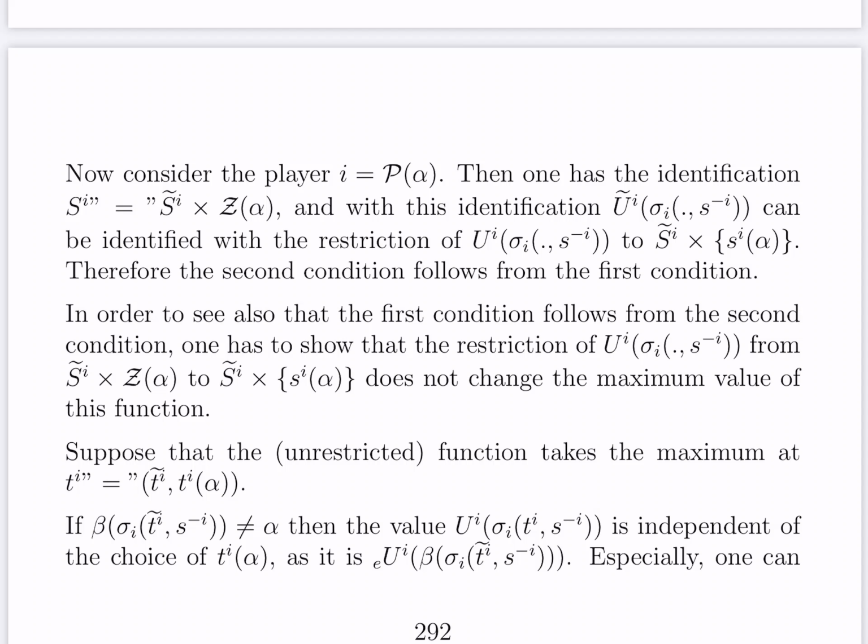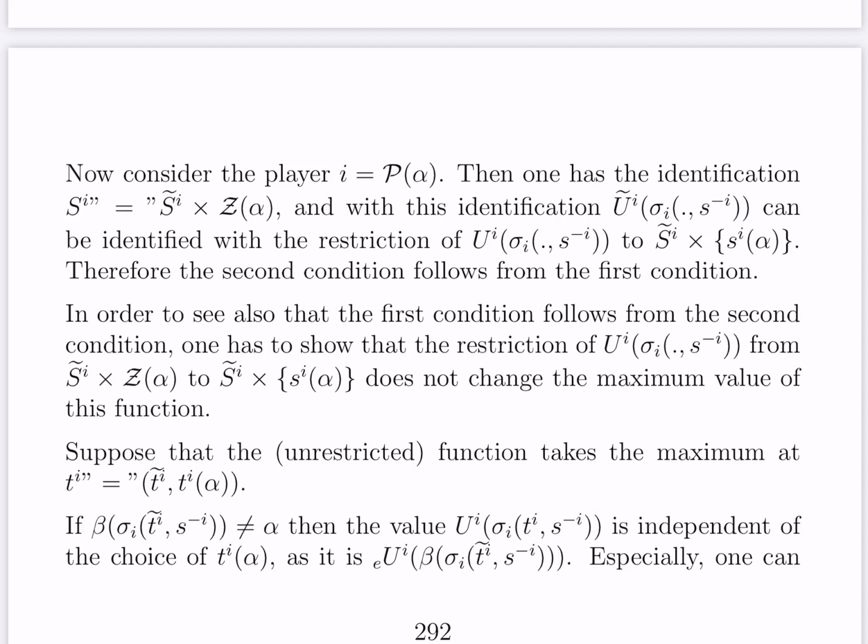If t tilde i does not lead to the play alpha, then the choice of the move after alpha is irrelevant. Then the value of this full strategy t_i together with this s_{-i} is independent of the choice of this move after alpha.